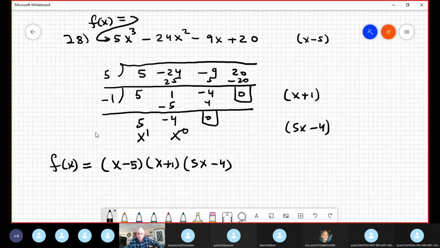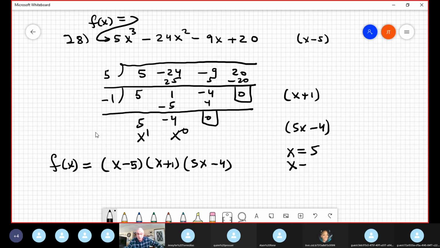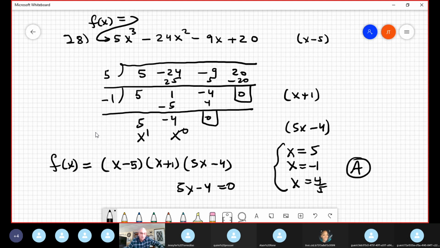Well, the zero is 5. The zero is negative 1. And the zero, you put it here, 5x minus 4 equal to 0. It's obvious that it is 4/5. So I try to find the solution, and I suppose the best matching option is A, no?